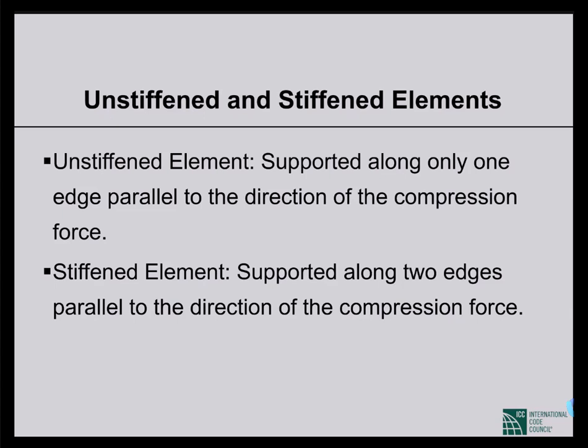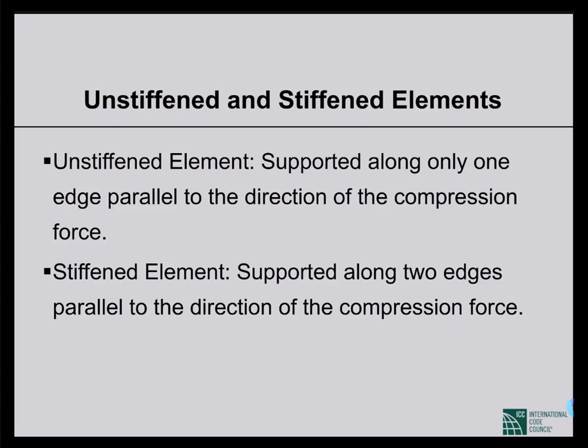In the same section, there might be some elements that are stiffened and some elements that are unstiffened. Now, what's the definition of stiffened element and what's the definition of unstiffened element? An unstiffened element is defined as an element that is supported along only one edge parallel to the direction of the compression force. So think of an I section as a beam and think of the moment coming onto it.